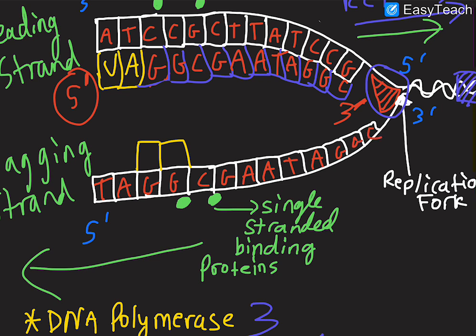We put a primer. Again, when you're putting a primer, we're putting that from 5 to 3 direction. So that means this is the 5', this is the 3', where the OH is. Okay, so we put the primer in the 5 to 3 direction.